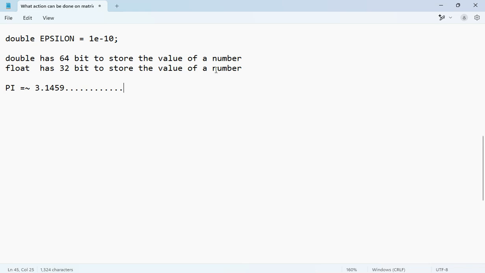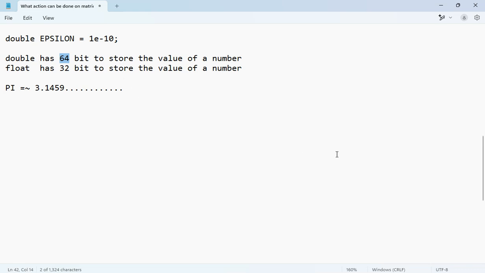So if you take double, you will have better precision, because you have 64 bits to store the value, while float has only 32 bits. It means you can save more digits in double format. I hope it's understandable.